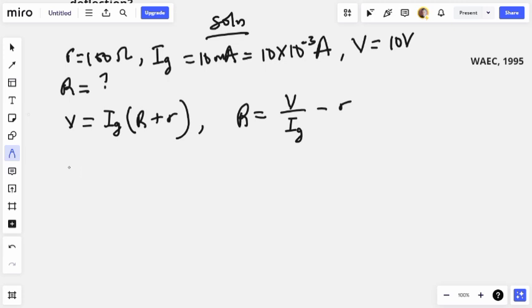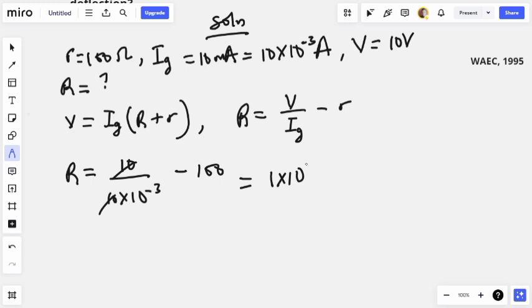So our R equals to, our V is 10 volts, 10. Our I subscript G is 10 times 10 raised to the power of minus 3. Our r is 100 ohms, 100. So this equals 10 will cancel 10 one time. At the numerator, what will be left is 1 times 10. If you take this 10 raised to the power minus 3 to the numerator, it becomes 10 raised to the power of 3 according to law of indices.